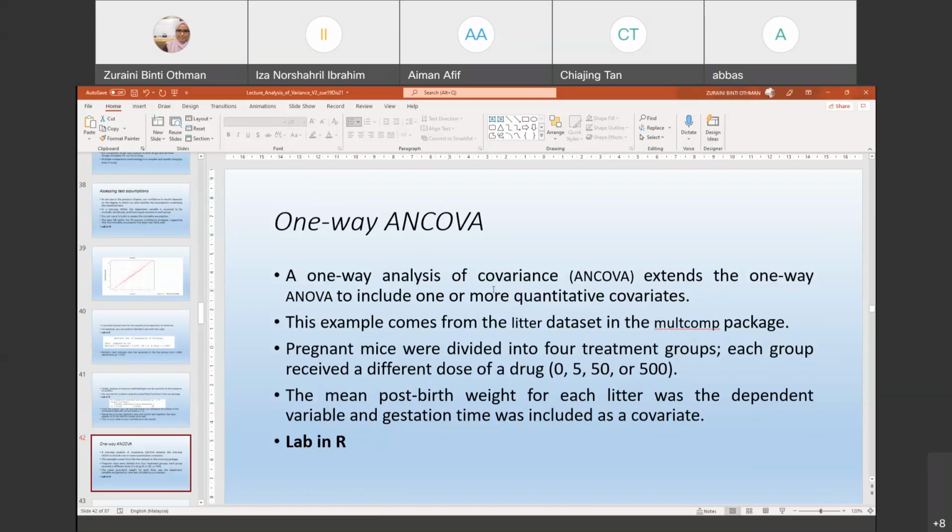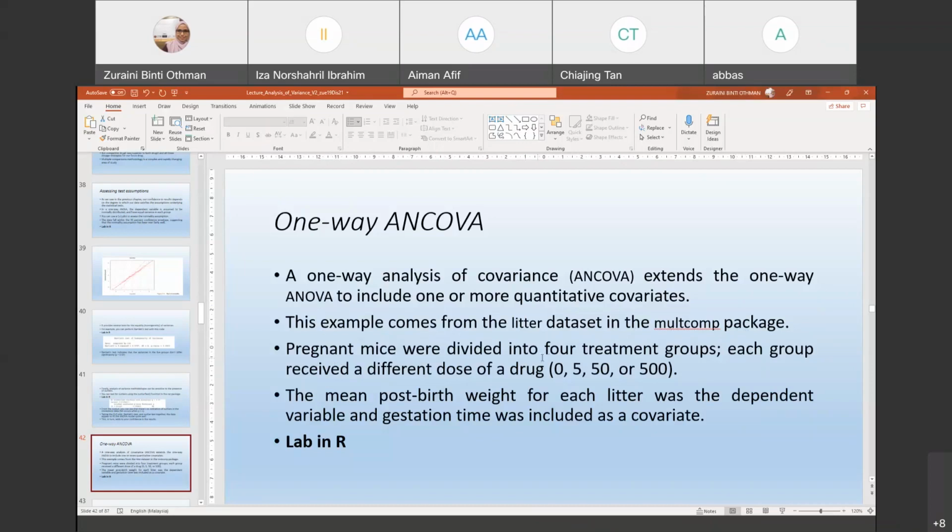One-way analysis of covariance extends the one-way ANOVA to include one or more quantitative covariates. So we have a covariate here. This example comes from the litter data set in the multcomp package.